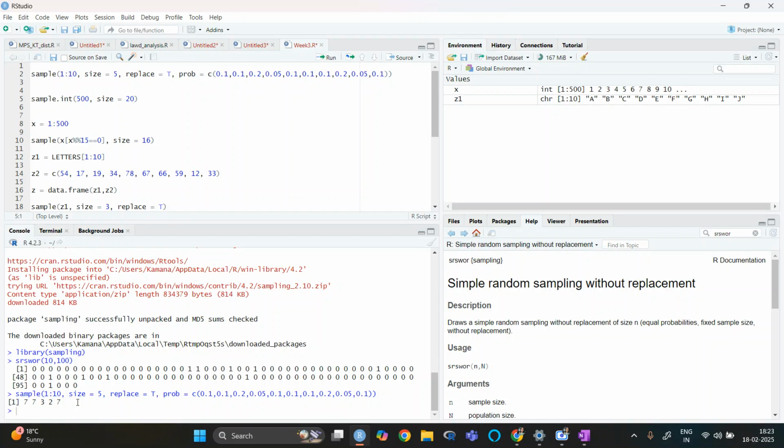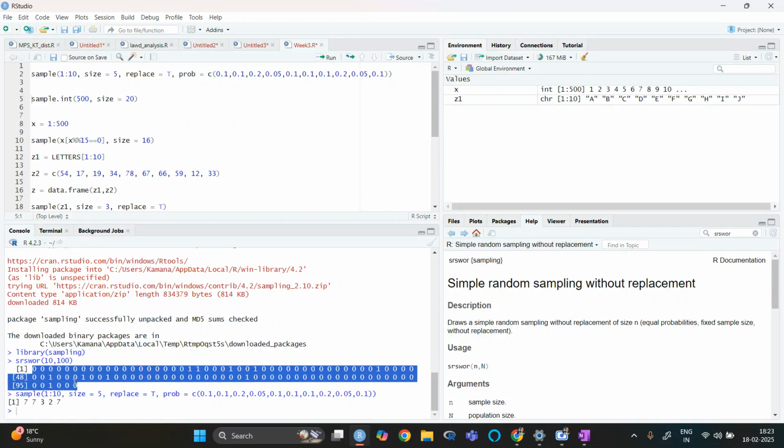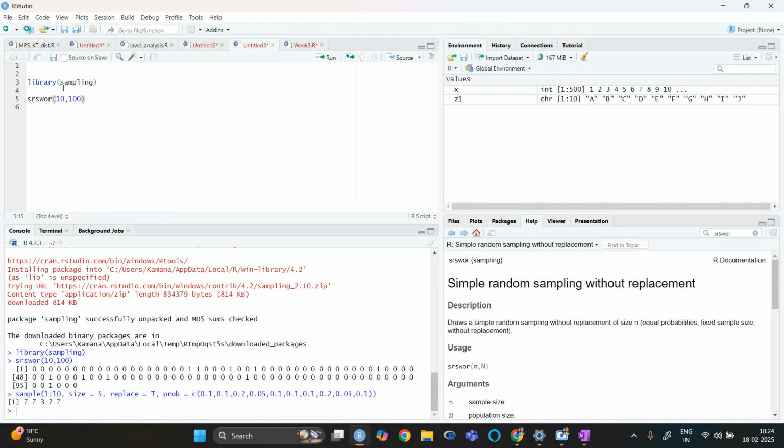The sample is different, but I have given numbers to it. If I run SRSWOR 10, 100, I am basically indexing my values. If you have, say, 100, we index everyone from 1 to 100, and the 10 it chooses, we say we will choose the people with those indexes.